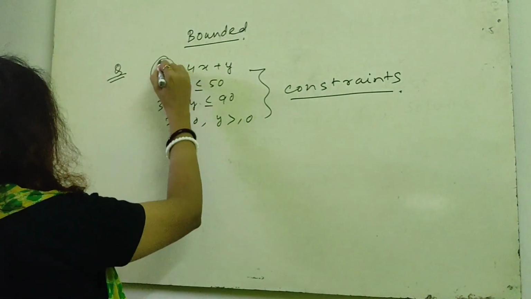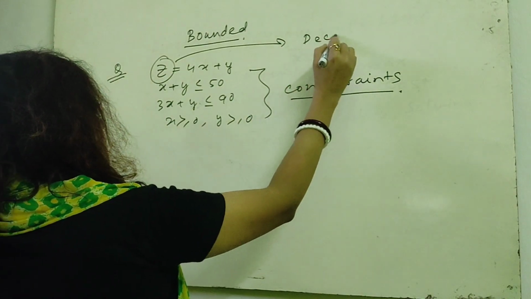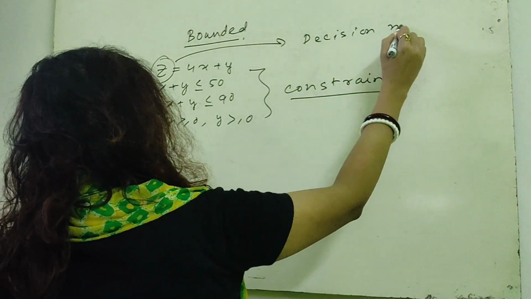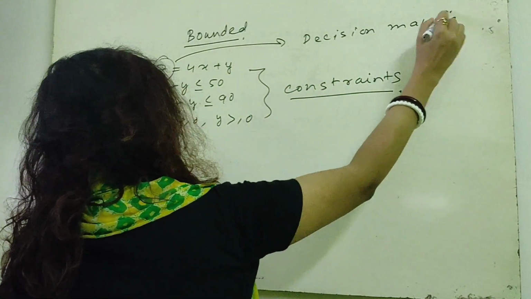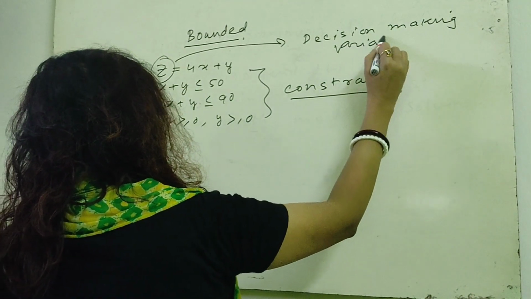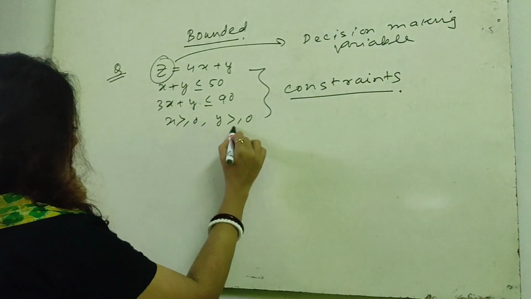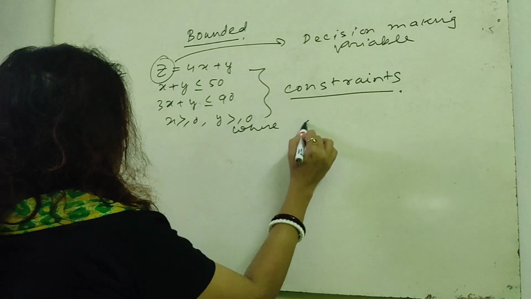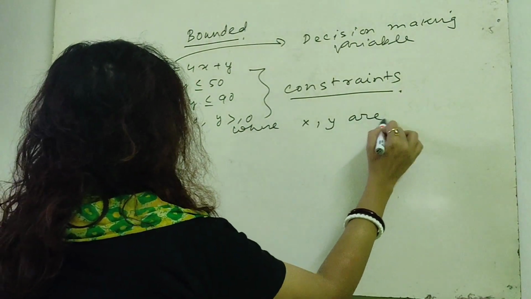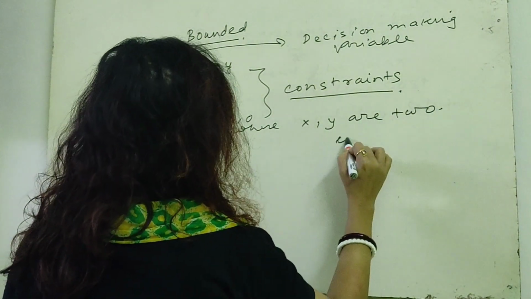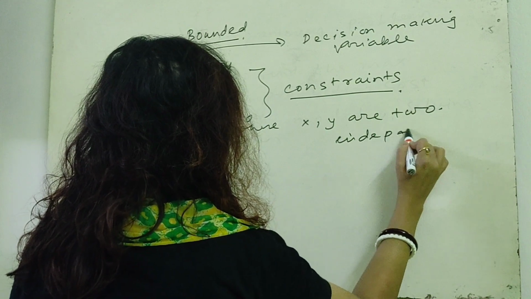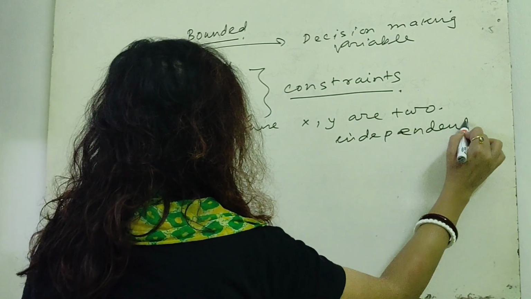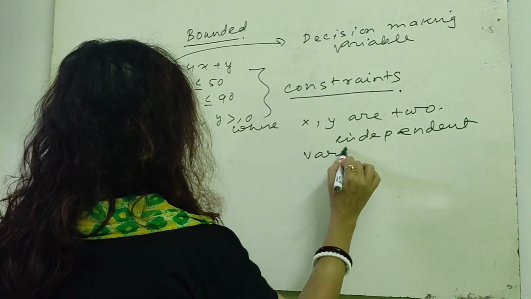And this is the decision making variable, where x and y are two independent variables.